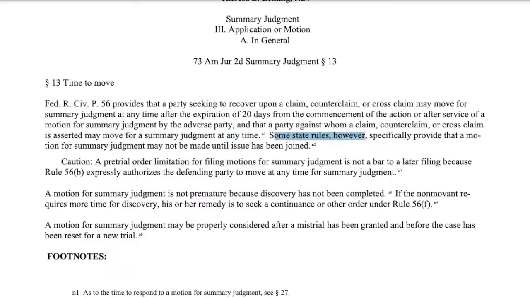Some state rules, however, specifically provide that a motion for summary judgment may not be made until issue has been joined. Caution: a pretrial order limitation for filing motions for summary judgment is not a bar to the later filing because Rule 56 expressly authorizes the defending party to move at any time for summary judgment.